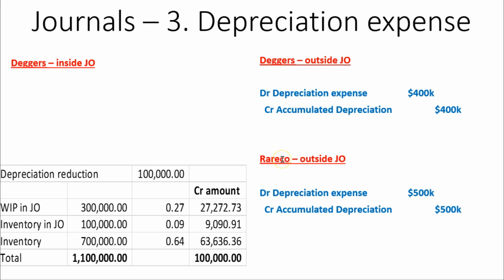Now, Rareco. Same journal entries, different numbers. The reason for this is because when Deggers contributed that amount of machinery to the joint operation, it had a fair value of $10 million. And so from Rareco's perspective, they have acquired this machinery when it had a fair value of $10 million.